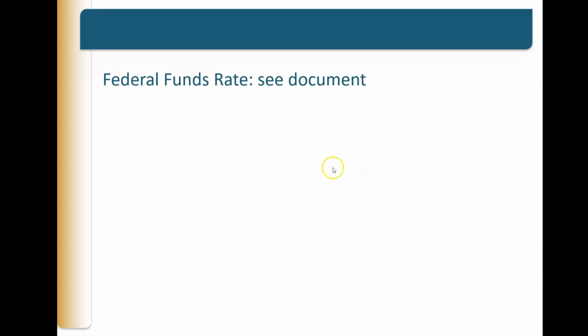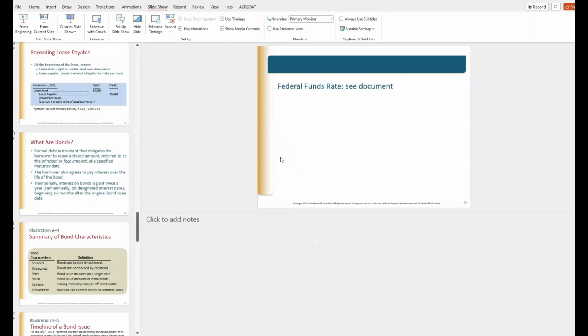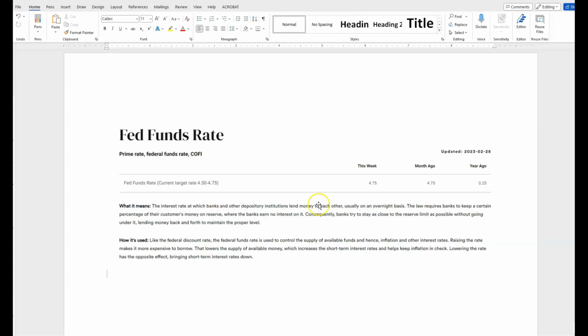Now, what I've said was the price of the bond, the issue price of the bond, depends on the interest rate. So what is the interest rate? So the federal funds rate, and I just updated this a few days ago, this week was 4.75%.